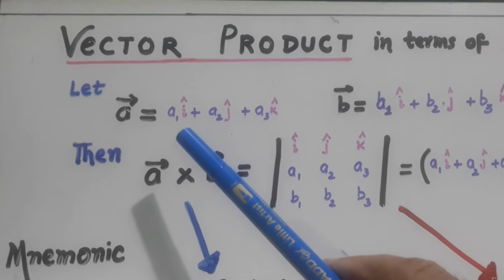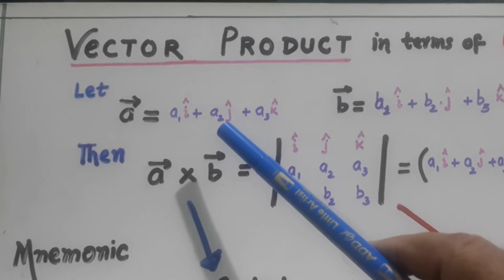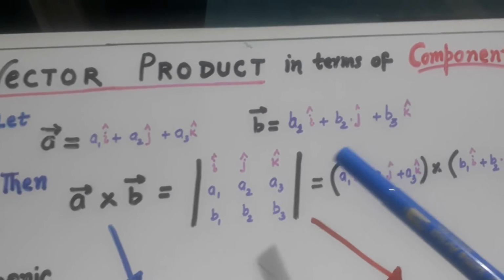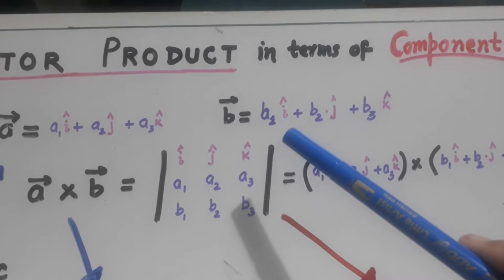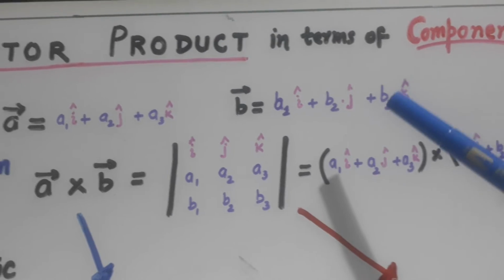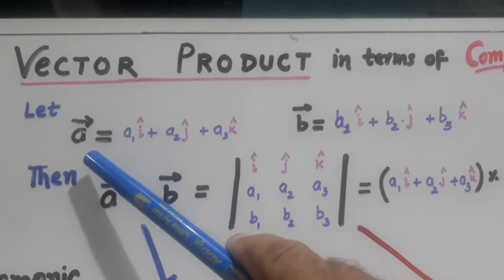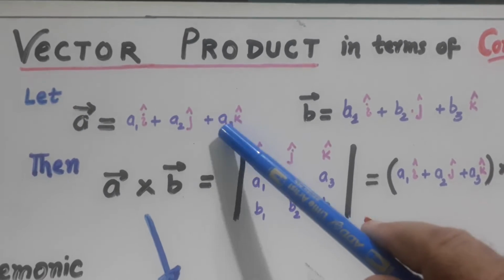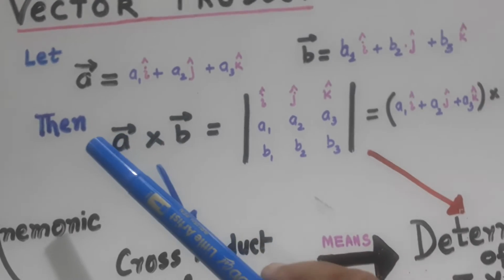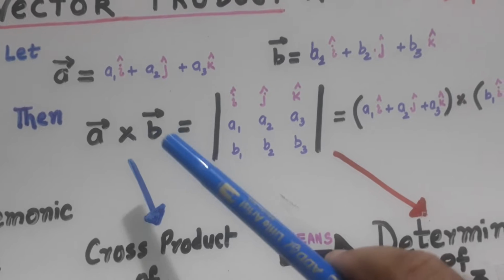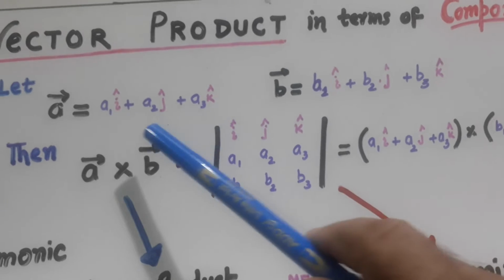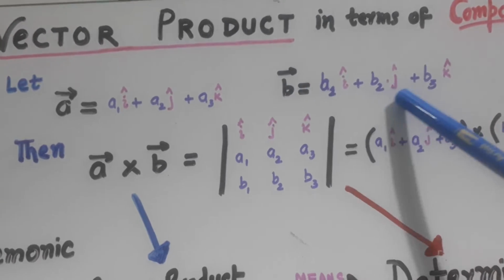Let A is equal to A1 i cap plus A2 j cap plus A3 k cap. It is 3D. Vector B is B1 i cap plus B2 j cap plus B3 k cap. So these are the components. Components of A are A1, A2, A3. Components of B are B1, B2, B3. Then the cross product A cross B is equal to determinant. So these are basically two lines.